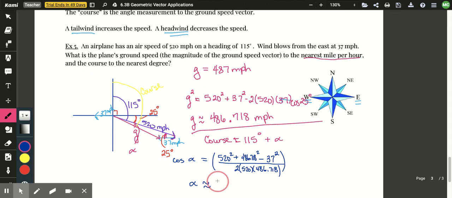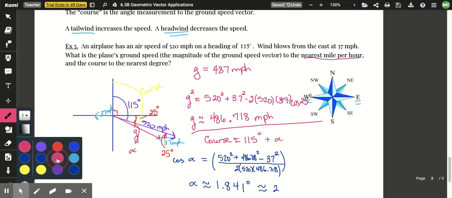Okay, and in my calculator, I got 1.841 degrees, approximated to 3 decimals. When I go back and read the problem, it says that we want the course to the nearest degree. So if I approximate this to the nearest degree, that would be a 2.